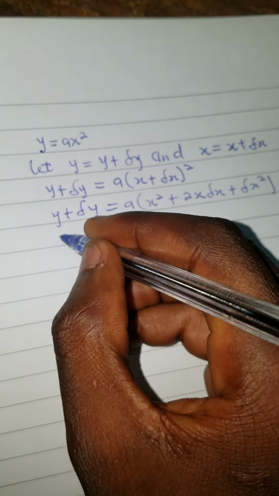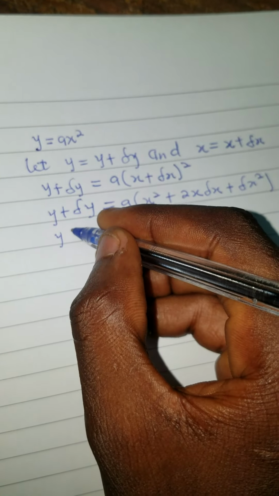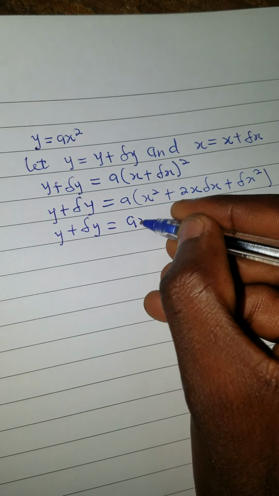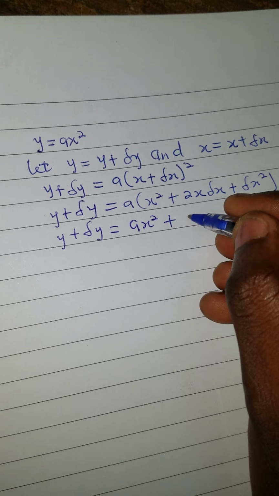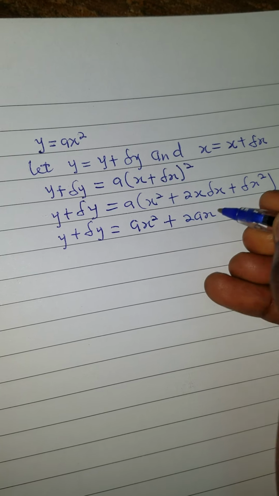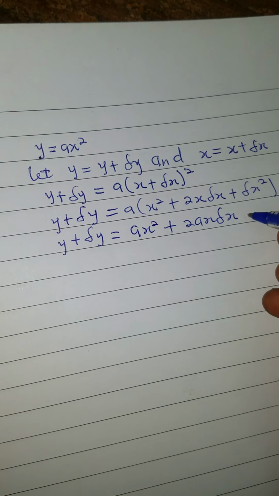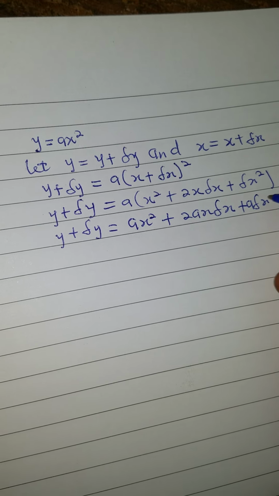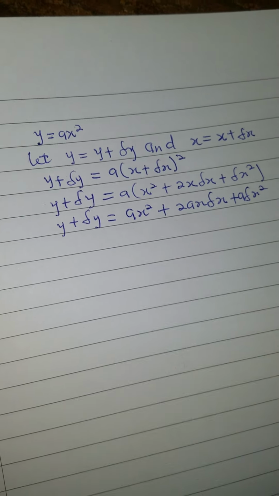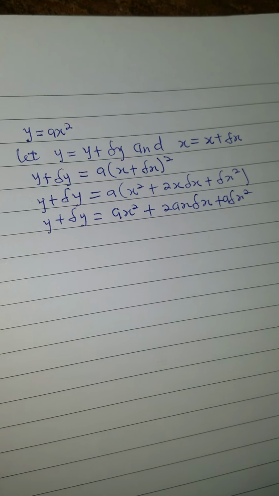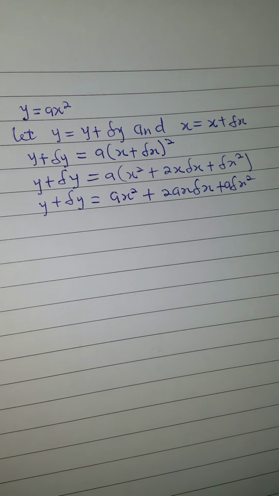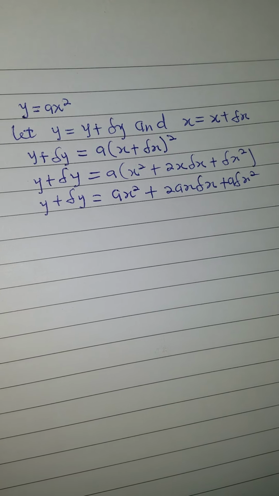Now let's expand: y plus dy is equal to ax squared plus 2ax dx plus a dx squared, like this. Please, I hope you understand. If you don't understand, please pause it and look at it very well.